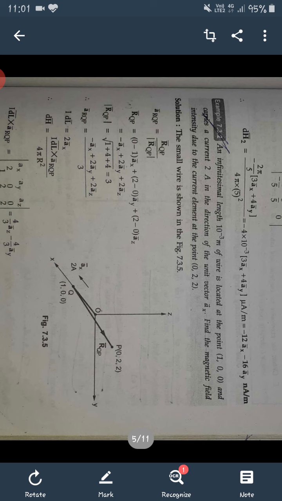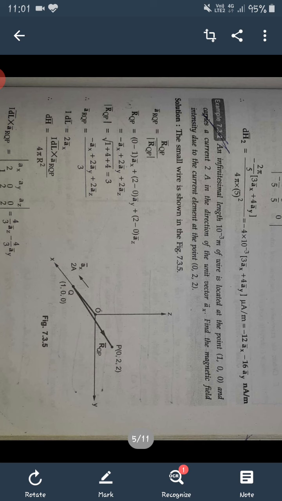Therefore aRQP is the unit vector in the direction of RQP. That is given by RQP by the magnitude of RQP. You can find the RQP vector and the magnitude of RQP. So therefore aRQP will be minus 3ax plus 2ay plus 2az, divided by 3.